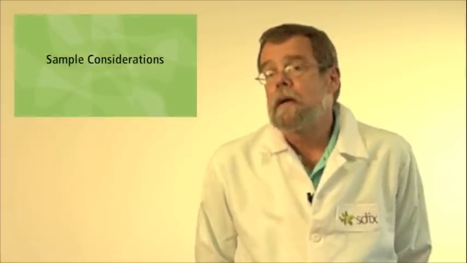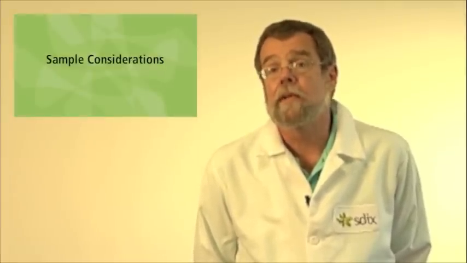Then you need to think about the sample, and the matrix that sample is in, and how you're going to overcome any matrix effects that you might have in that assay. You also need to think about how precious that sample is, how many assays you can do with it.